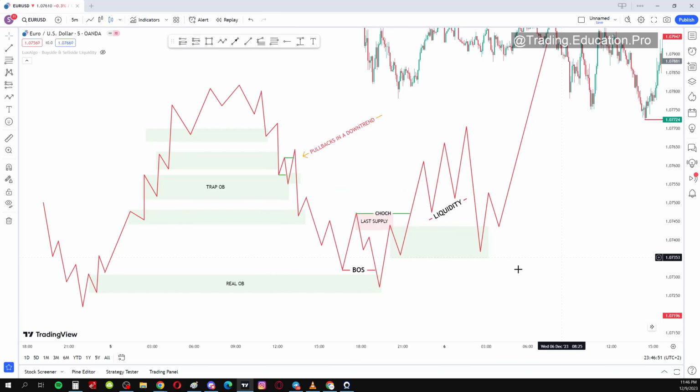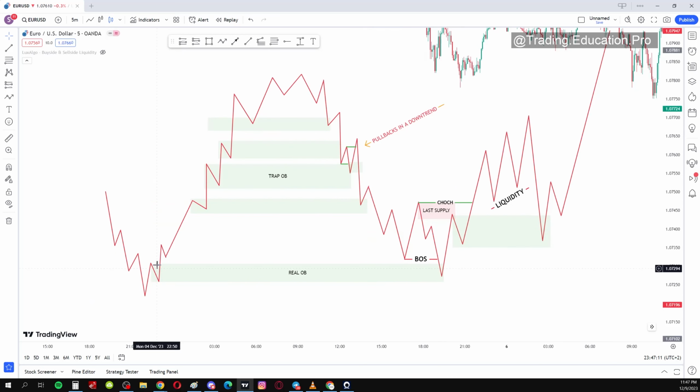So whenever we have some points of liquidity above your OB, then that is safe to take. Also here, as I drew, we have a little low here.